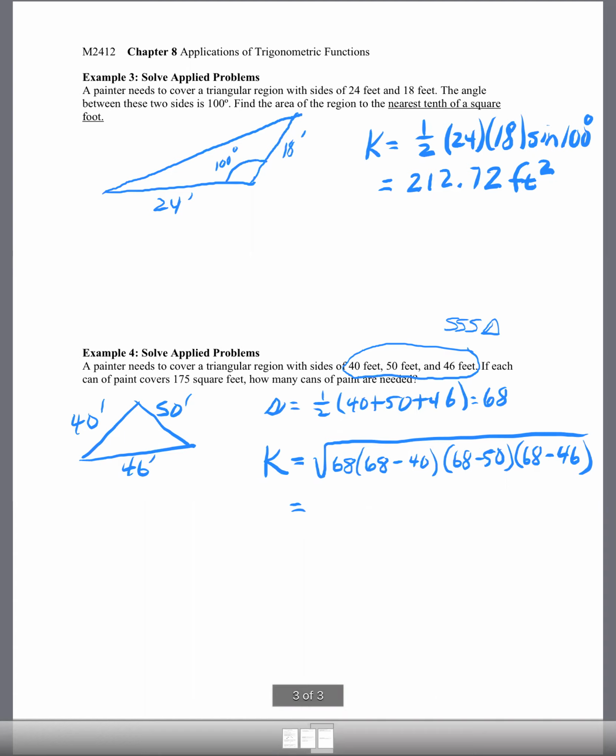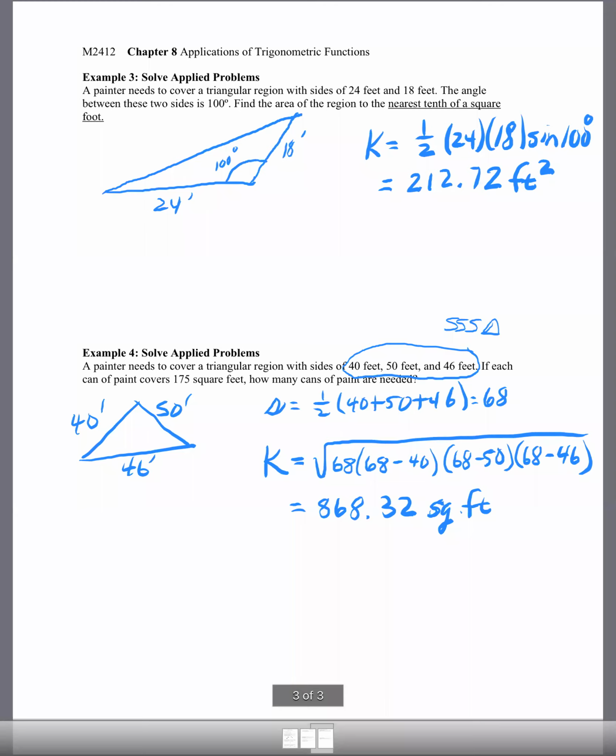Let me double check my work. And you should have gotten something like 868.32. You can also write square feet as SQFT. That's another way to write it.